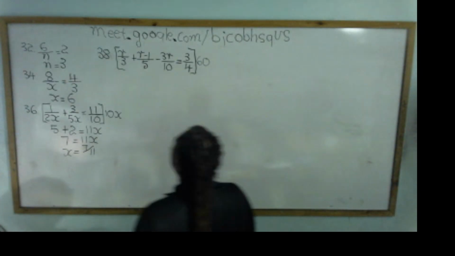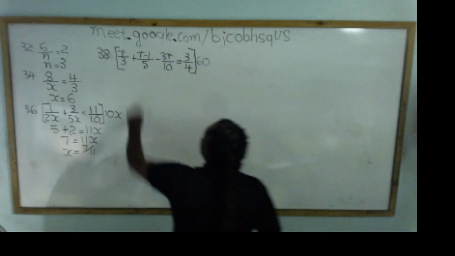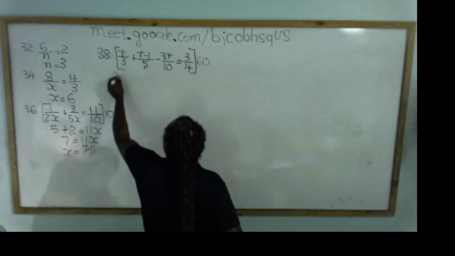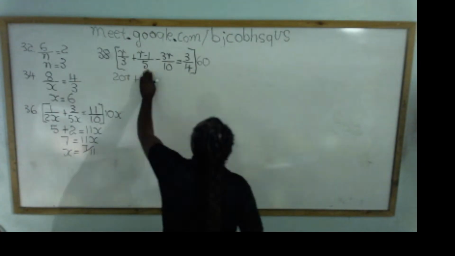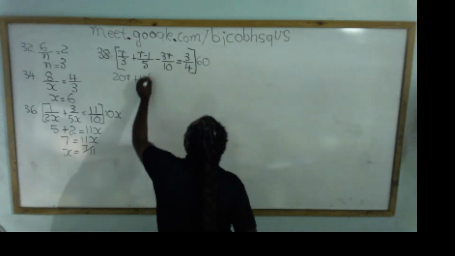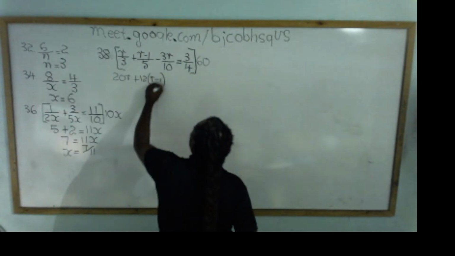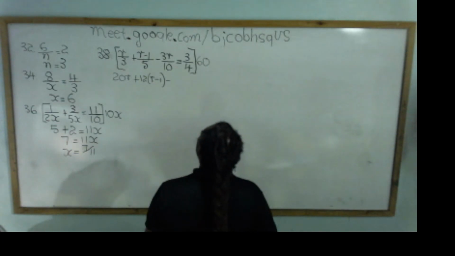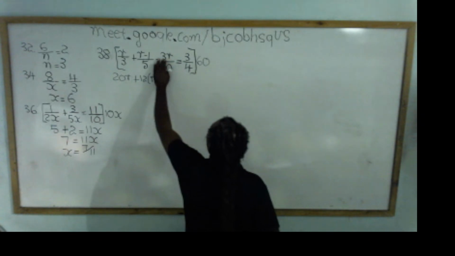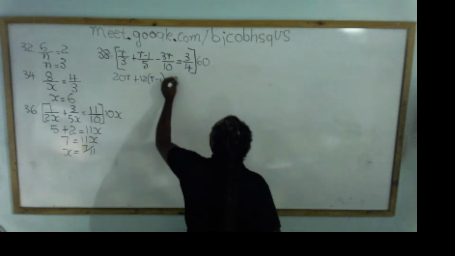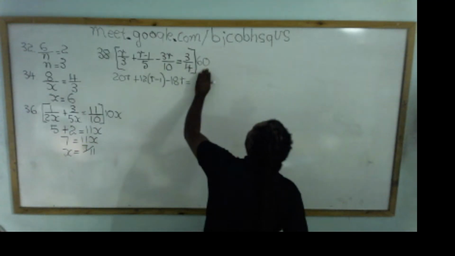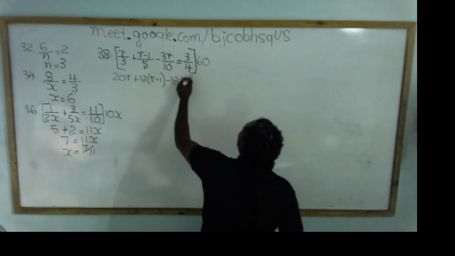Let's go. 3 into 60 is 20. 20R plus 5 into 60 is 12. 10 into 60 is 6. 6 threes. 4 into 60 is 15. 15 times 3 is 45.